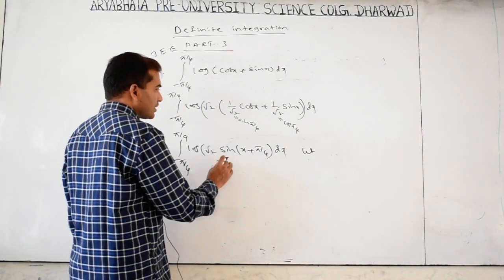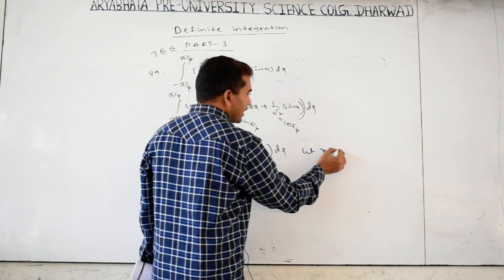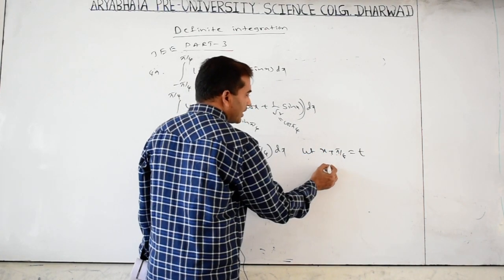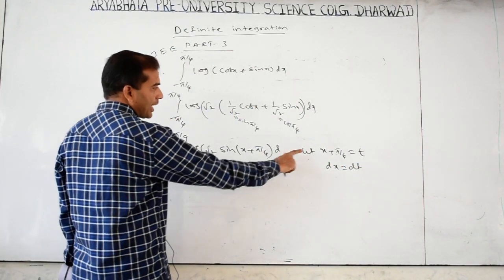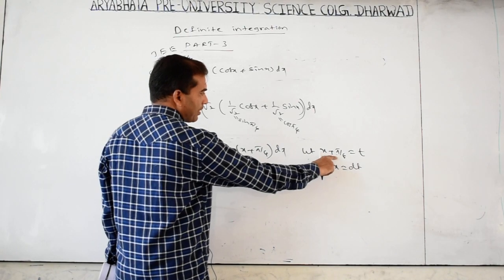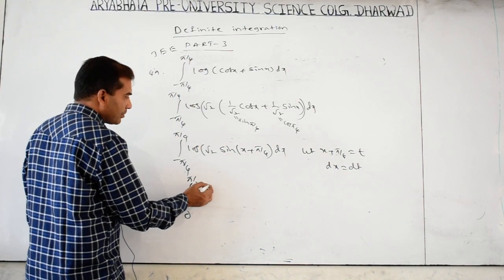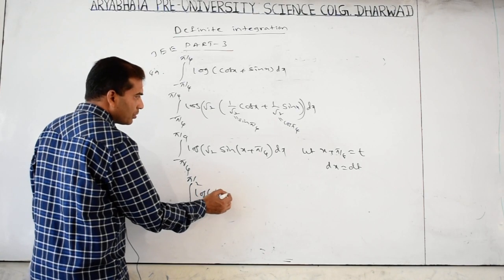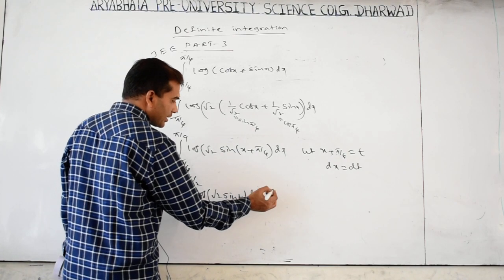Let x plus pi by 4 equal to t, then dx equals dt. Lower limit, if you put x equal to minus pi by 4, plus pi by 4, t is 0. Upper limit is pi by 2, and log of root 2 sin t, and dx is equal to dt.